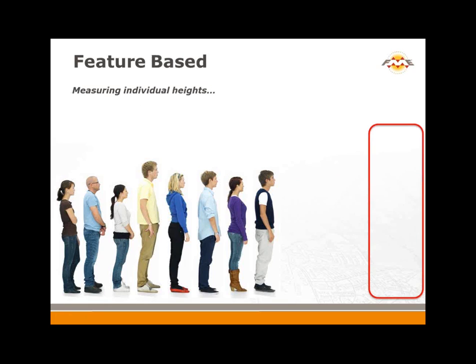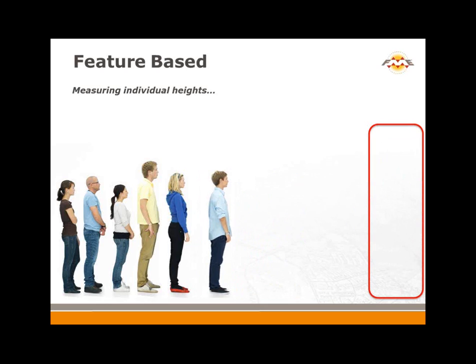To illustrate, say we wanted to measure the height of all of these people that we've got on screen. That would be a feature-based process. We can take each person, or each feature, one at a time, move them into our measuring facility, measure their height, and send them on their way. We can keep doing that with all of these other people, one person at a time, measure their height, send them out.